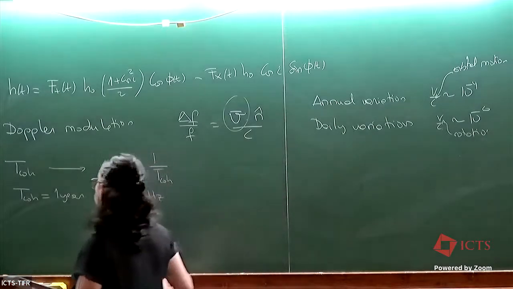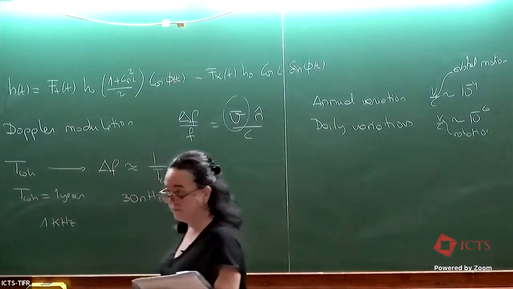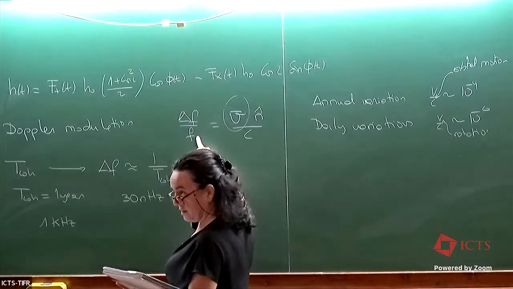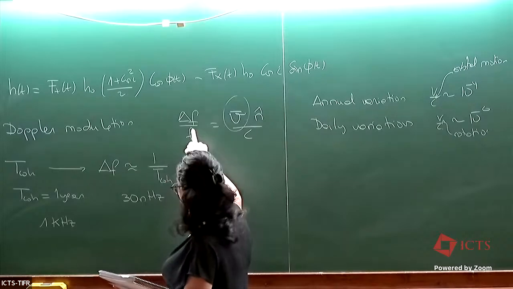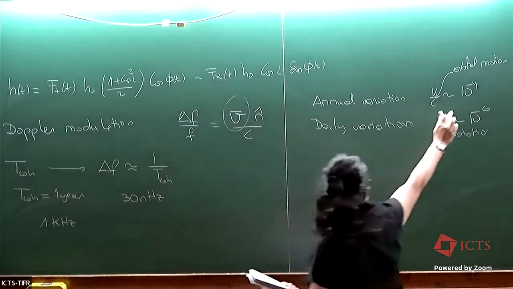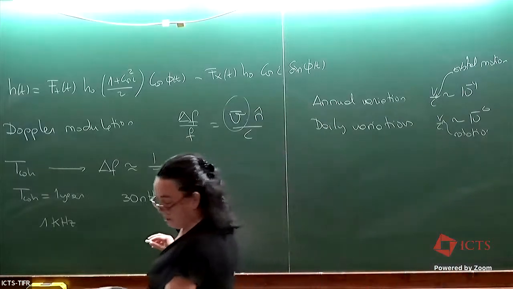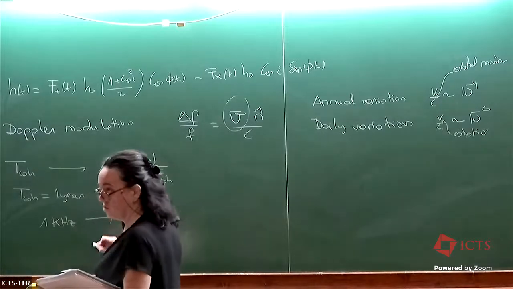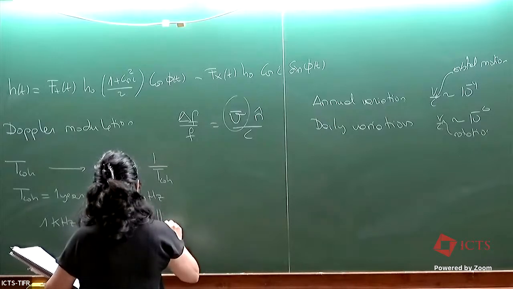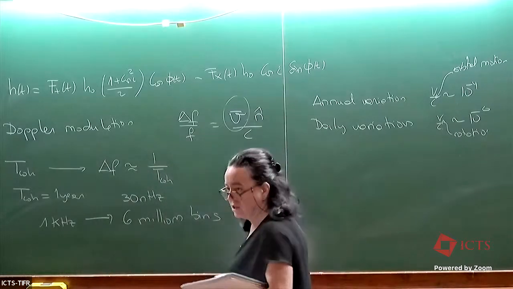And if I consider a source at 1 kilohertz, then the Doppler modulation is going to be 1 kilohertz times 10 to the minus 4. You will say it's not much, but with this frequency resolution it translates to 6 million bins in an ordinary Fourier transform.